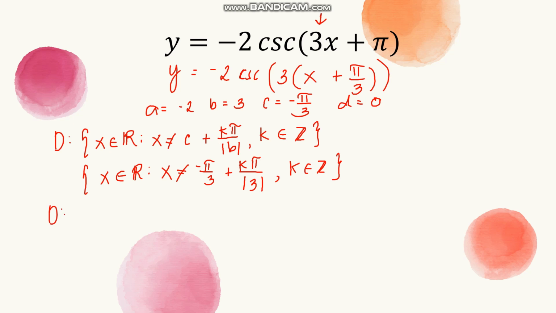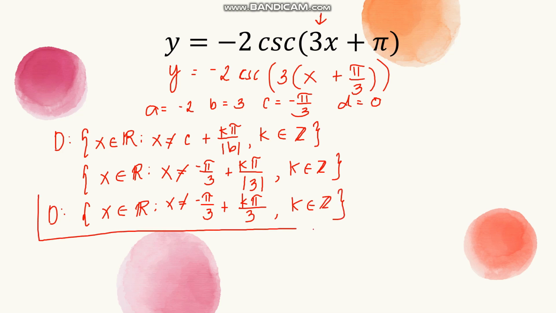So the domain will be x is an element of real numbers such that x is not equal to negative pi over 3 plus k pi over 3, where k is an element of integers. So this is our domain.